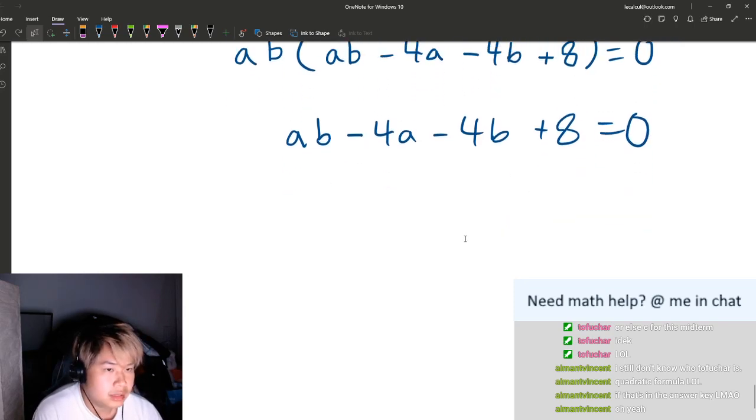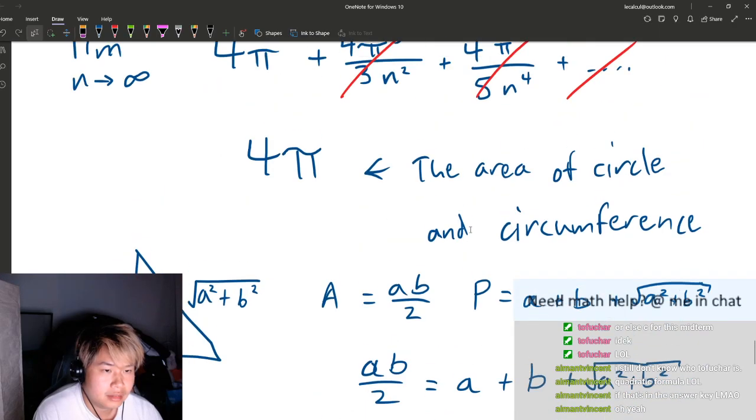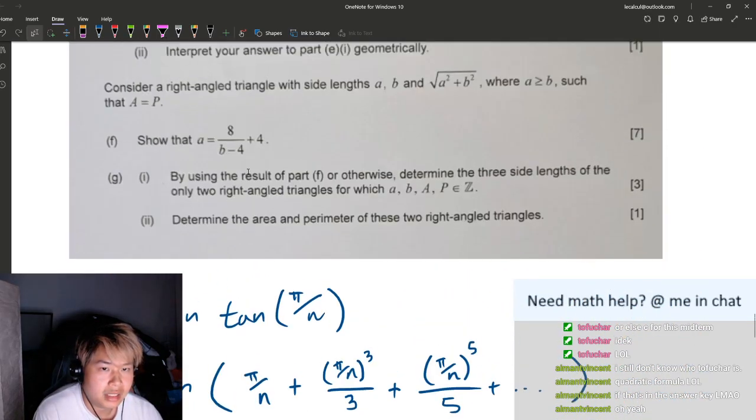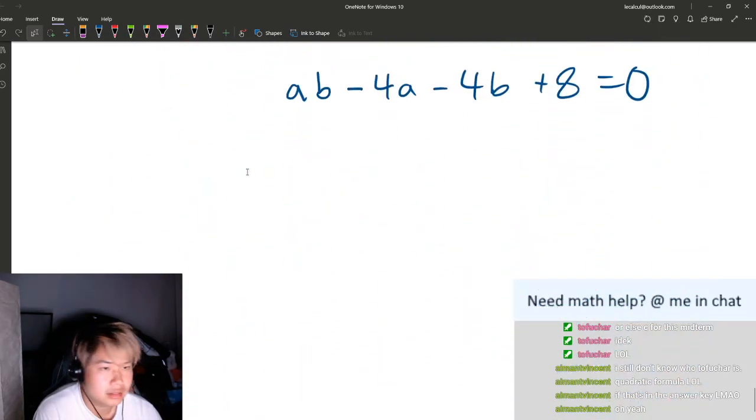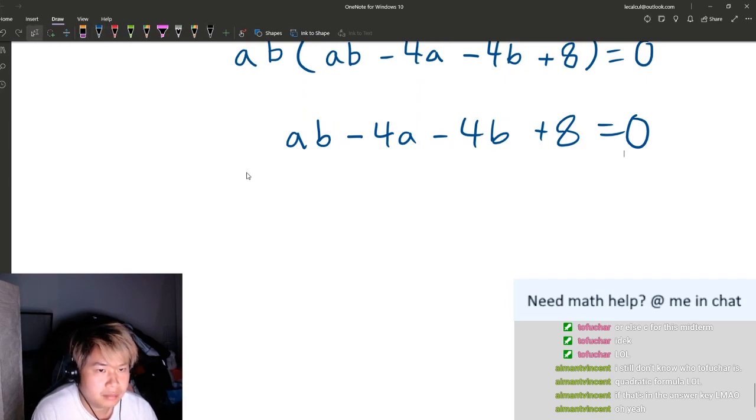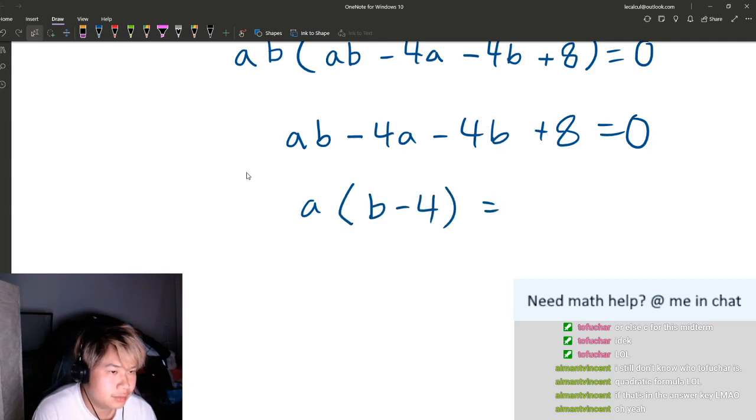Okay, that's cool. And then I'm solving for A, right? Yeah, I'm solving for A. So we're done. Okay. I'm going to factor A out of the first 2 terms, so I have B minus 4. I'm going to move the other 2 terms over, so I have 4B minus 8.